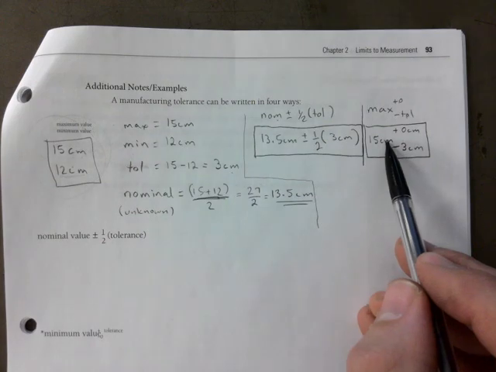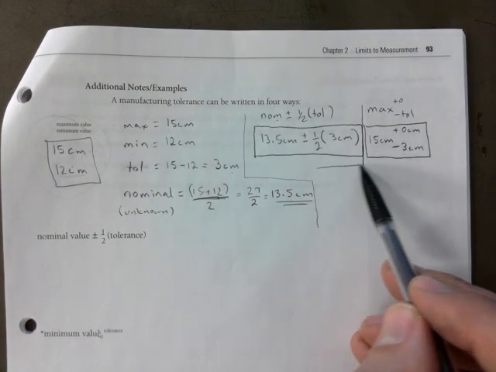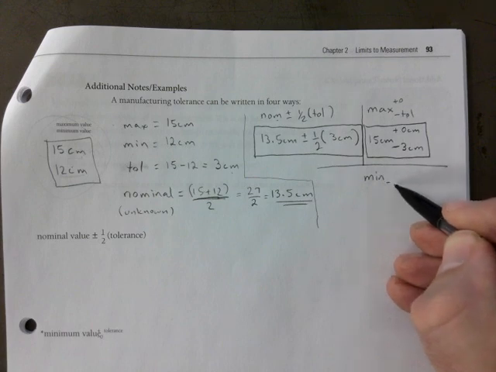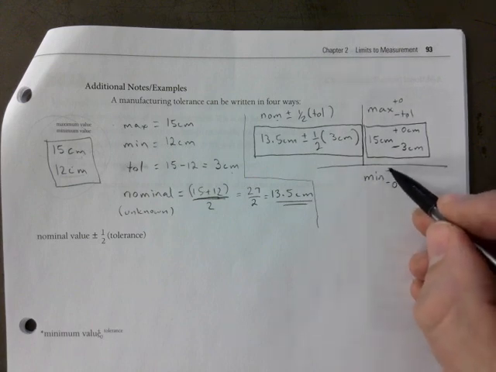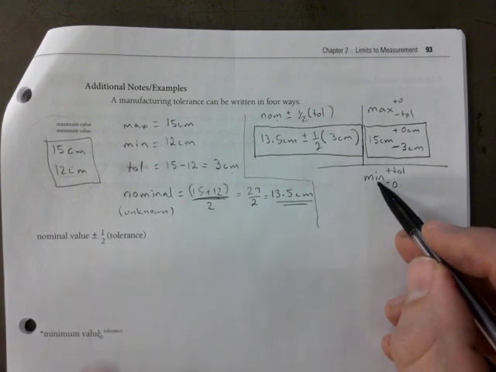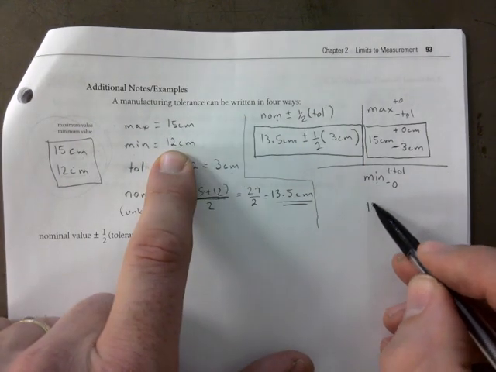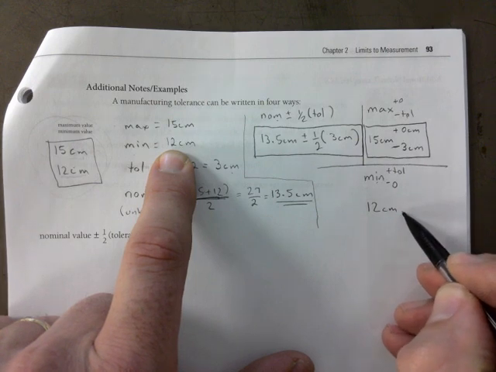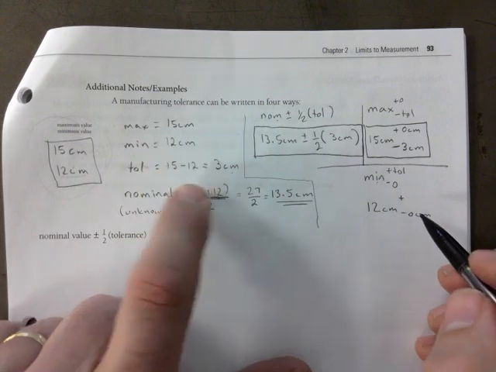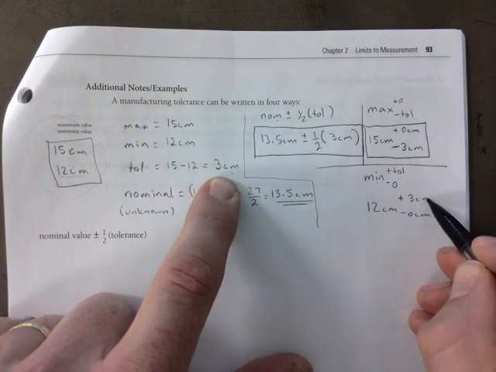We have one left to do, which is min minus 0 plus the tolerance. And so in this case, the min is what? 12 centimeters minus 0 centimeters plus 3 centimeters.